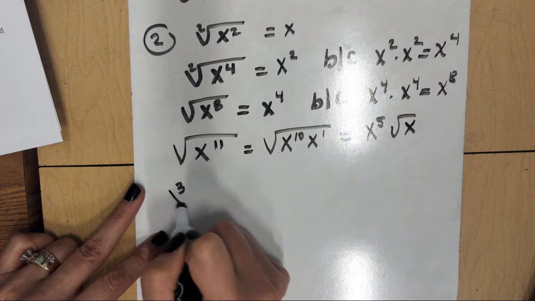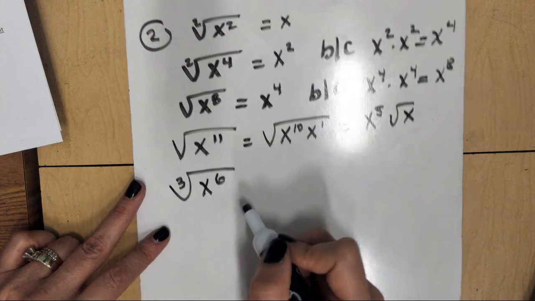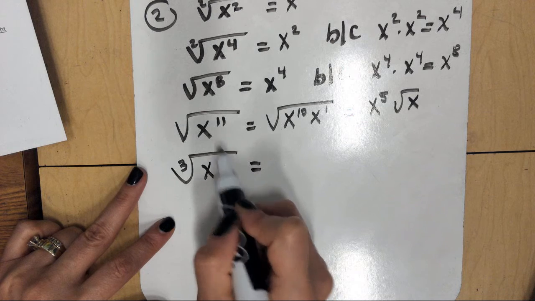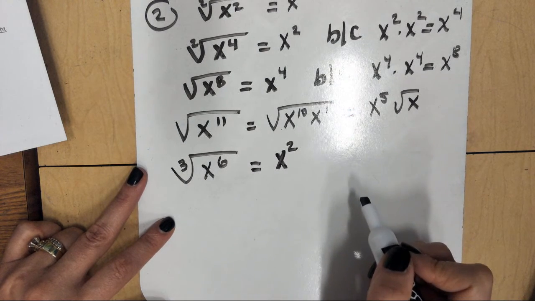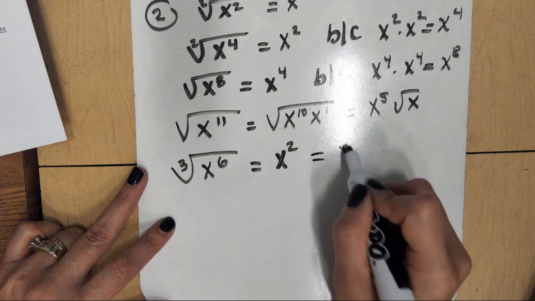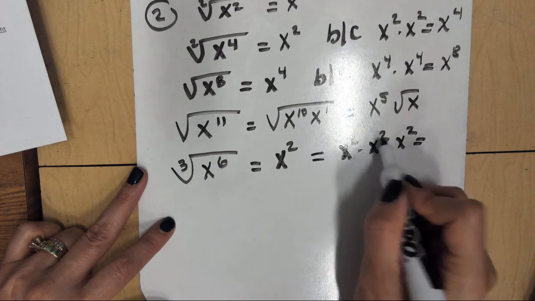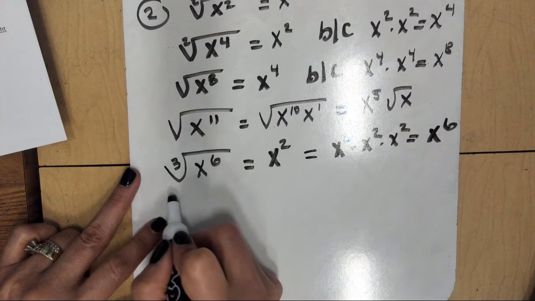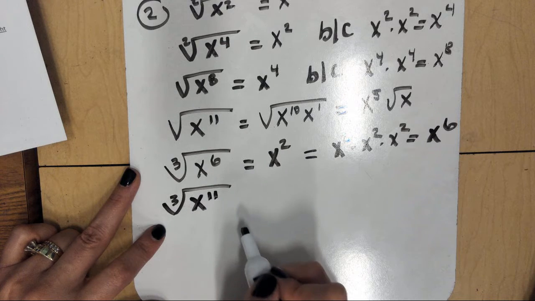What if I was looking for the cube root of x to the 6th? Using that same technique, 6 divided by 3 gives me x squared. Again, that's true because x squared times x squared times x squared gives me x to the 6th. What if I had the cube root of x to the 11th?